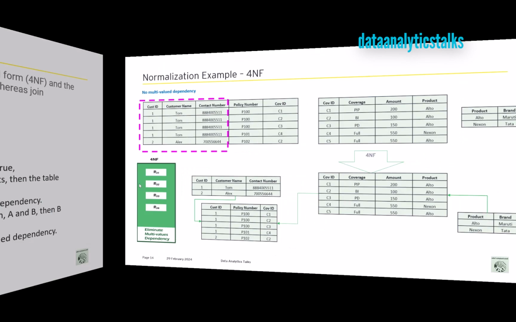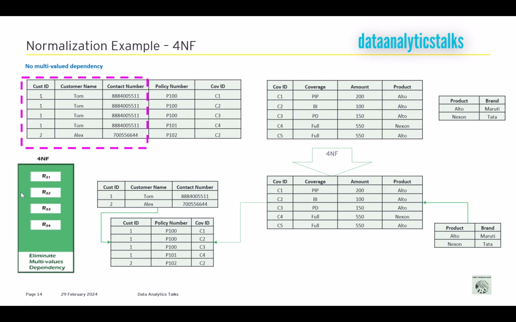Okay, coming to our table, you can see that we have a customer ID. This customer ID has a customer name, and we have contact number. Of course, the customer name will not change, but contact number can change, right?